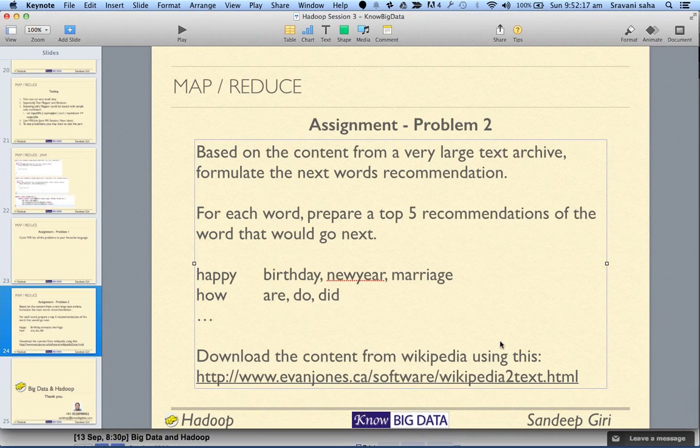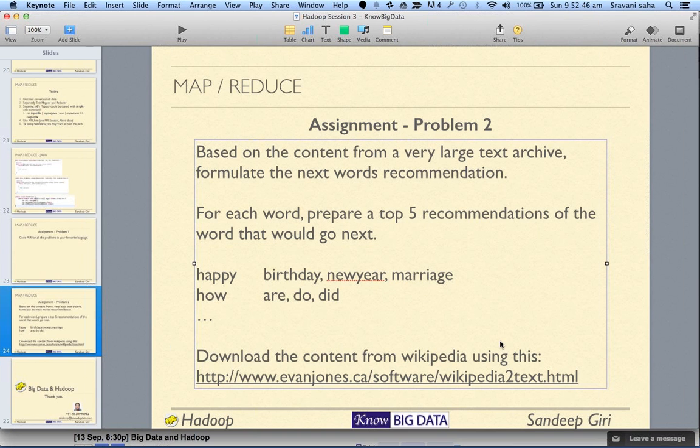Okay. So another assignment for today's class. This is little difficult and little theoretical. All of you these days must have been using smartphones, right? And when you type a word while writing a message to somebody on WhatsApp, the phone gives you a recommendation of a word, right?